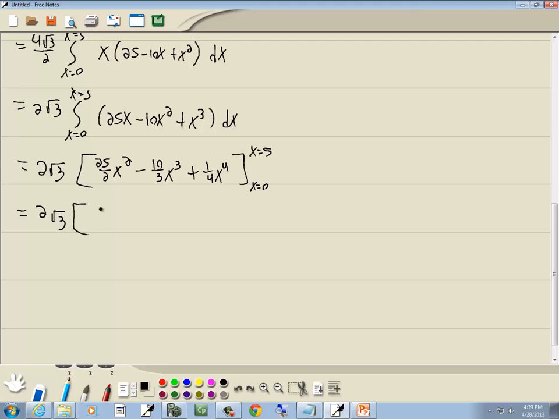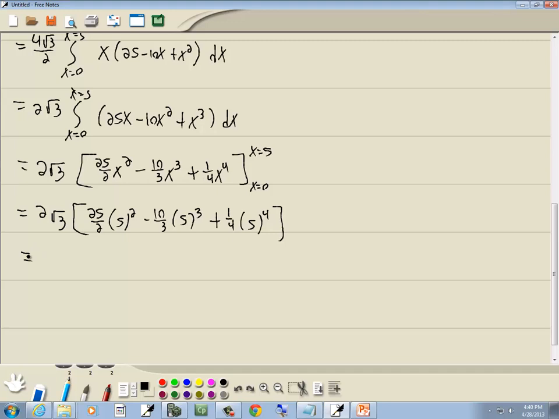Well, now we'll plug the 5 in. So we got 25 halves times 5 squared minus 10 thirds times 5 to the third plus 1/4 times 5 to the fourth. 0 I don't need to plug in because all those would drop away.